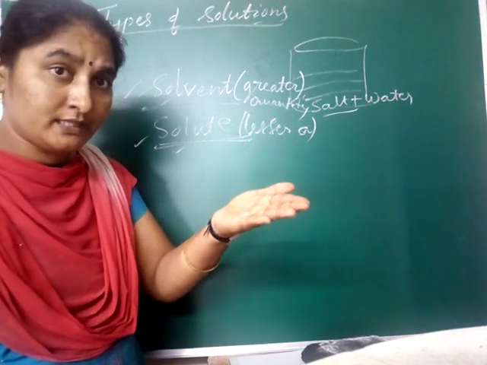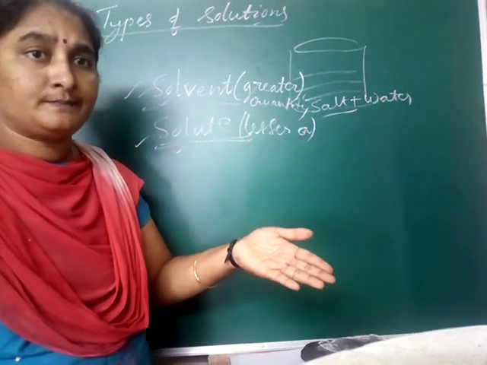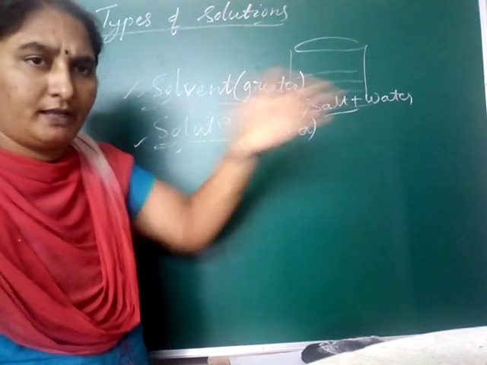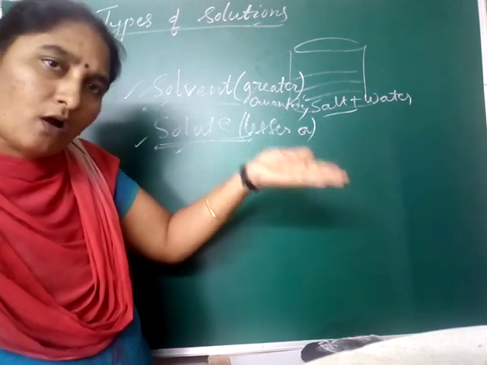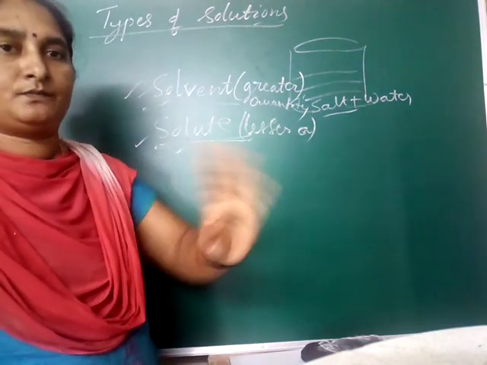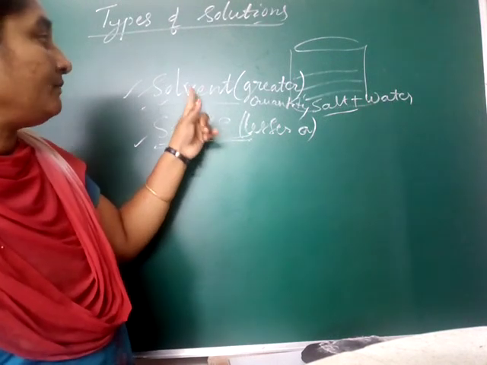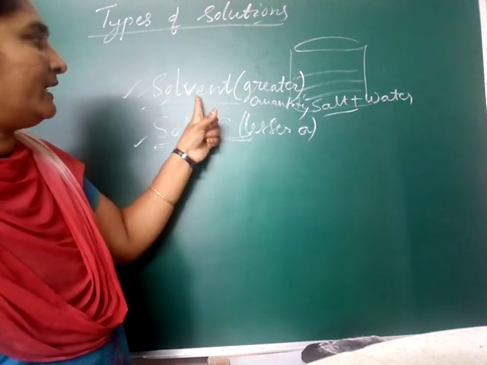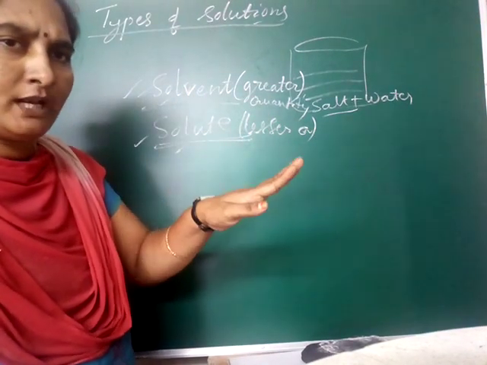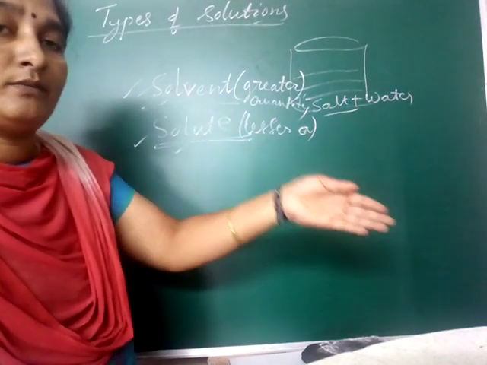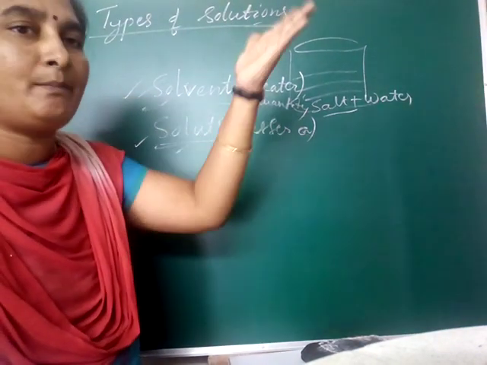Can you see the salt in salt water? We cannot see it with our naked eye. Why? Because it has disappeared from the solution. It is already dissolved in the solvent. The solvent can still be seen, but the solute dissolved in water, in the solvent, has disappeared.